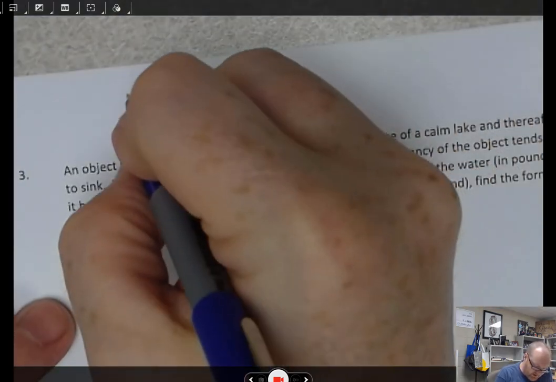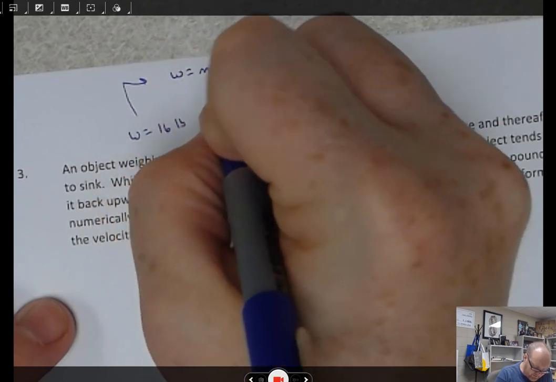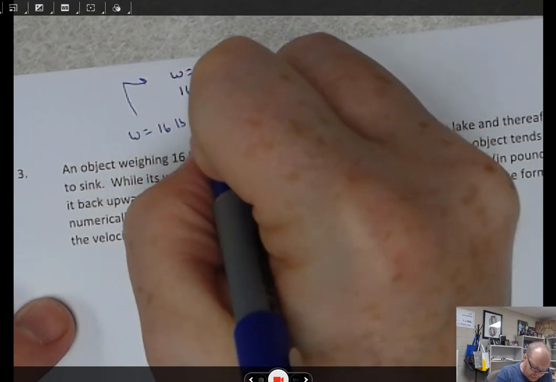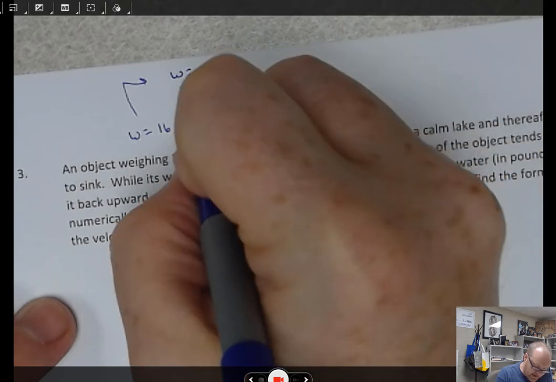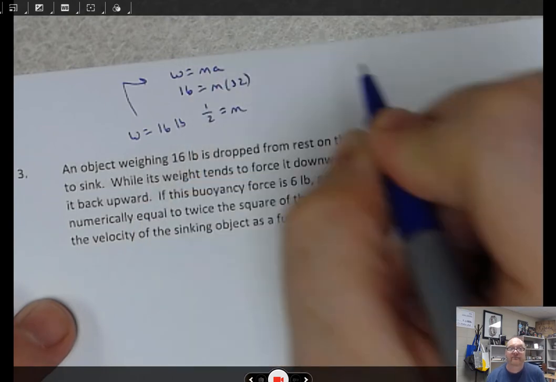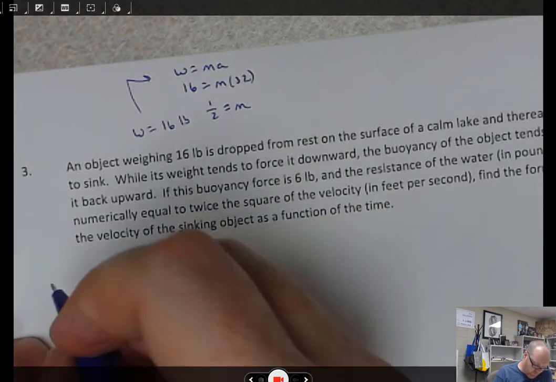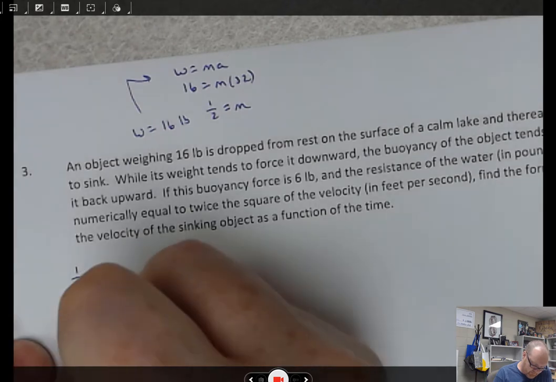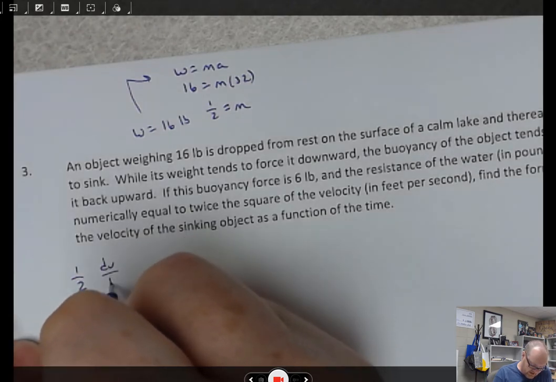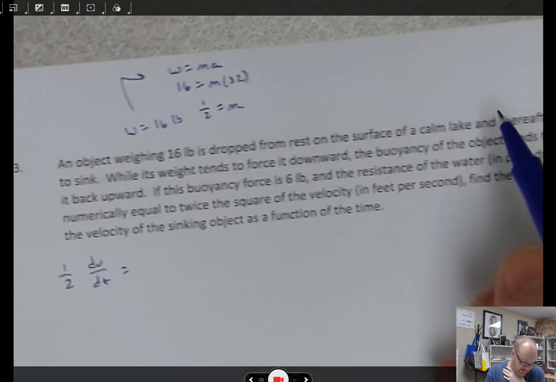So let me just pause right there and think about the fact that weight is, again, mass times acceleration, mass times 32. It looks like that's going to be a mass of 1/2. And again, I think the unit there is slugs. So 1/2 the change in velocity with respect to time, and we hadn't even finished reading the problem, have we?